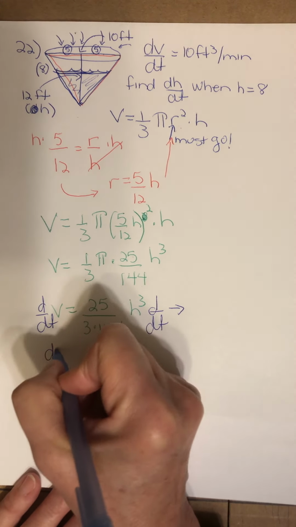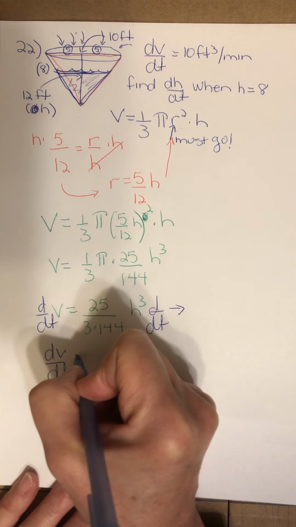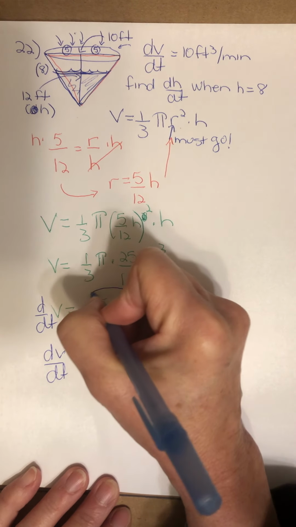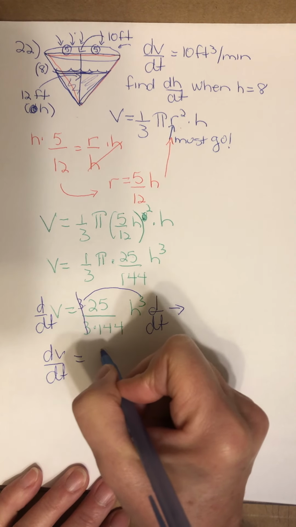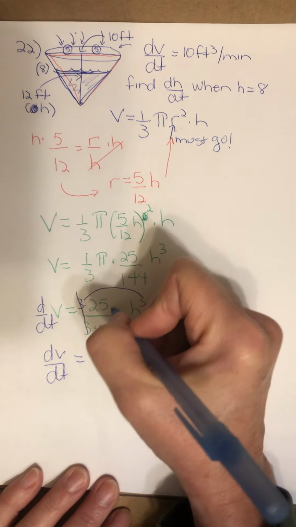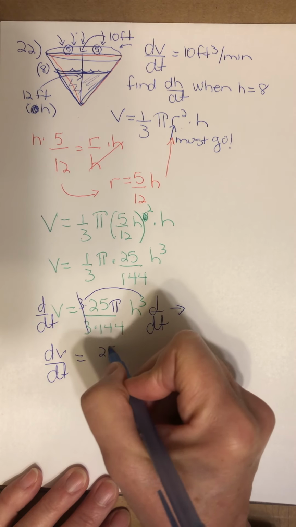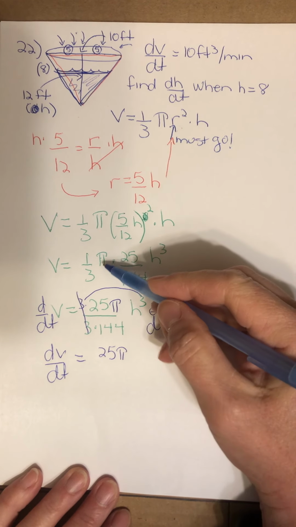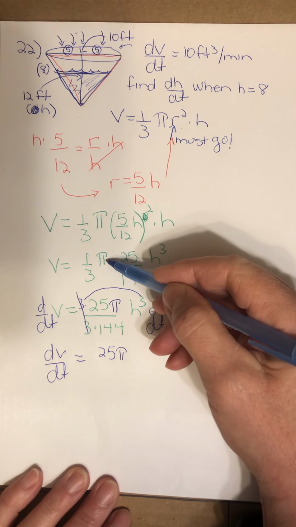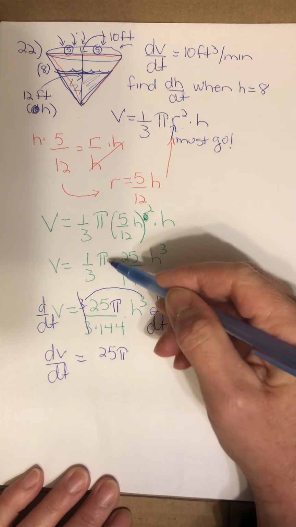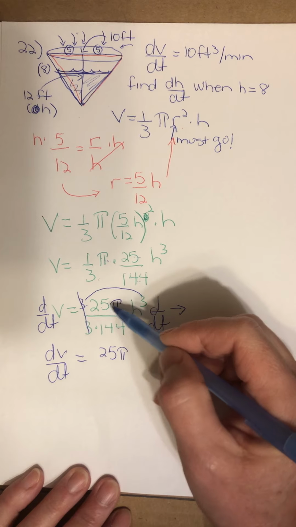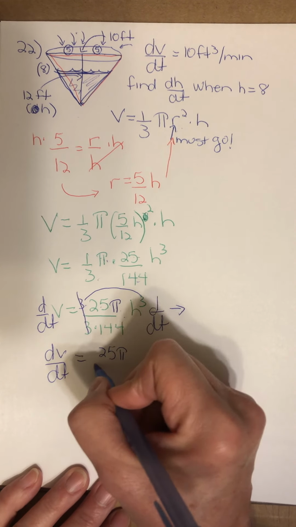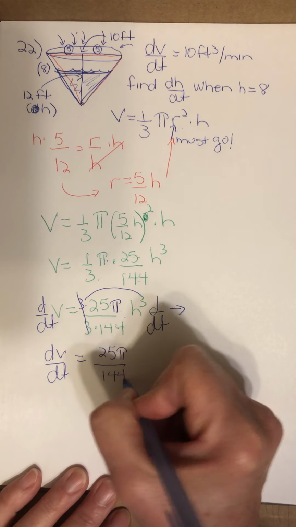And we get dV/dt equals, when we bring the 3 out front and multiply it, notice it cancels. That's why I kept it separate. And I have, oh, did I forget my π? There we go. I didn't bring my π down. I was working so hard on those darn numbers. So there we go. I brought the π down. 25π over 144.